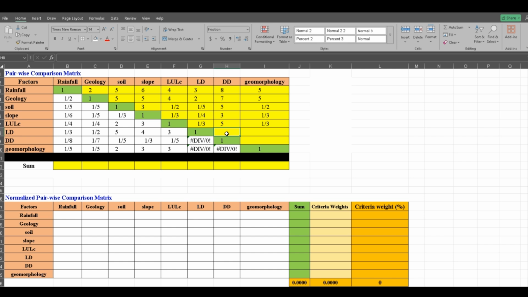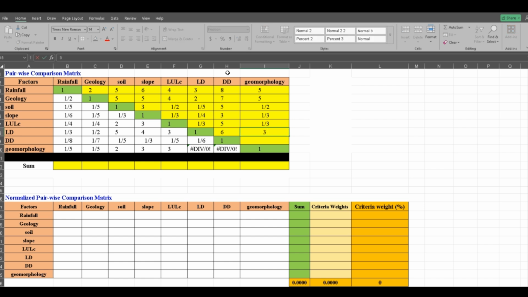Here, lineament density versus drainage density. Lineament density is obviously very strongly important. Lineament density versus geomorphology.